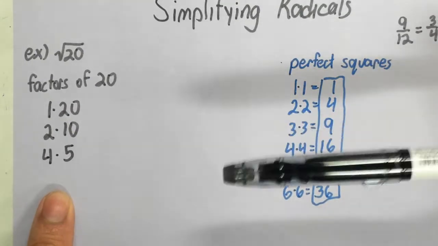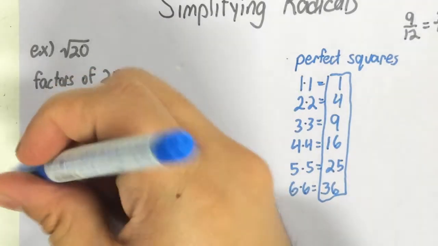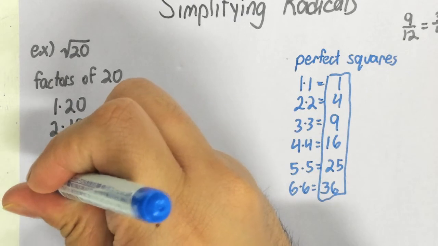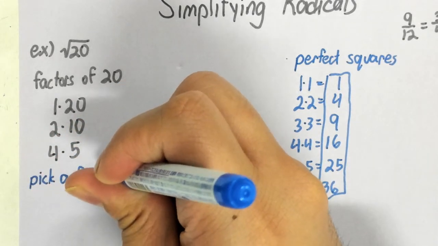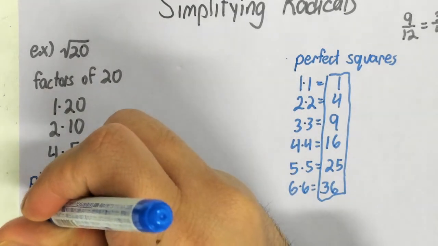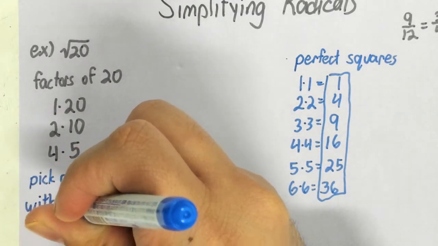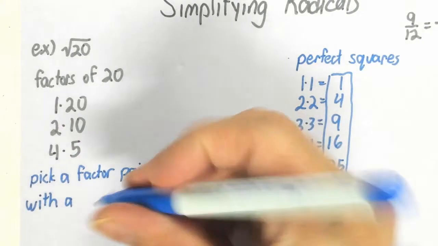Of the choices here, what we want to do is to pick a factor pair with a perfect square.